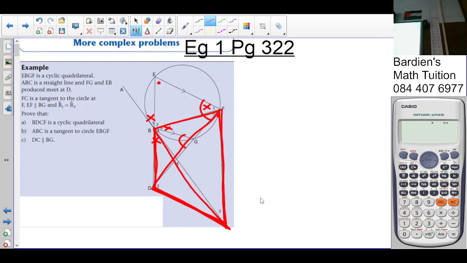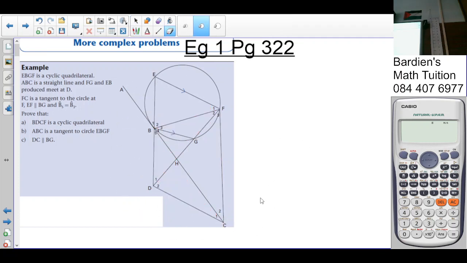So if we can prove that F3 is equal to B5, we've done the job. So we bring our x into it again. Let B5 equal x. So which other angle is equal to x?